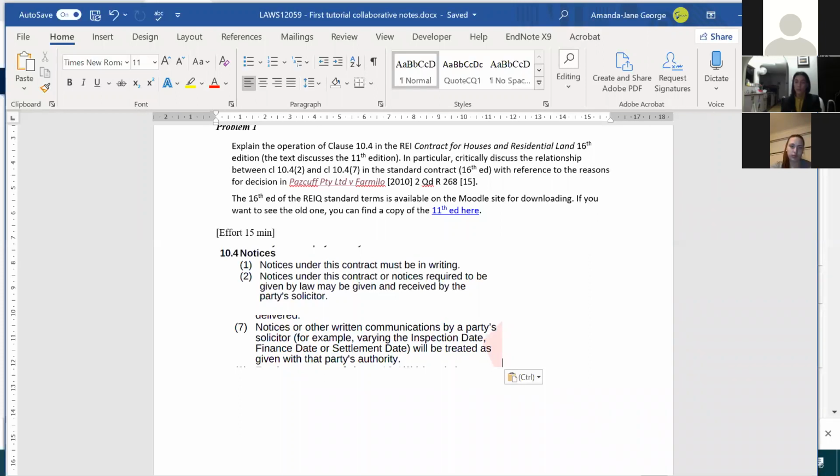You must be a real eagle-eyed stickler for detail. And if you don't do things by the letter, unfortunately, conveyancing is one of those areas of the law where the parties' relationships change on a whim.